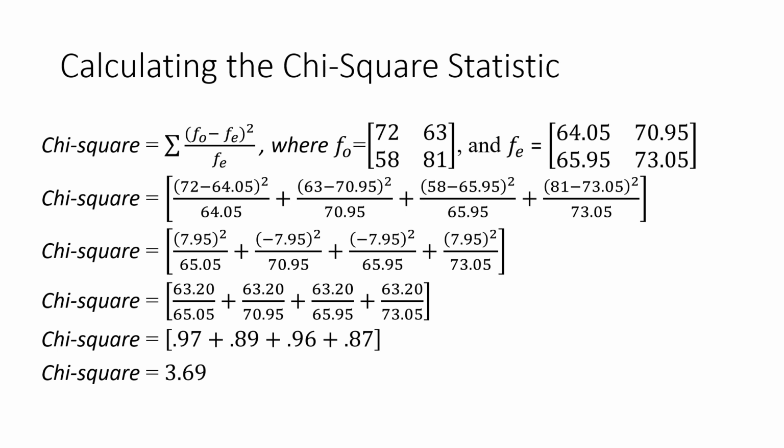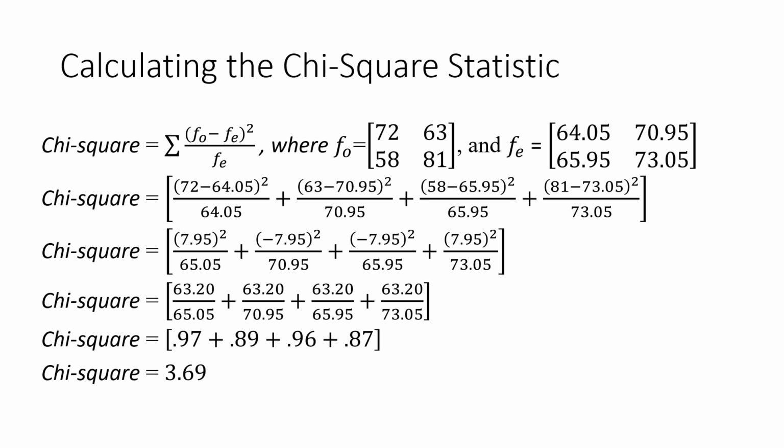So the next row down, I've plugged in the observed frequencies and the expected frequencies, squared them, and then divided them by the expected frequencies, and then simply added them up. So the next row down, this is the third row, I've simply taken the observed frequencies and subtracted the expected frequencies to give you the relevant numbers. And then in the next row down, so this would be the fourth row, I've squared those numbers for you.